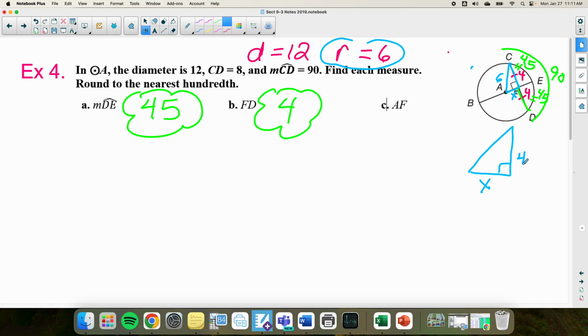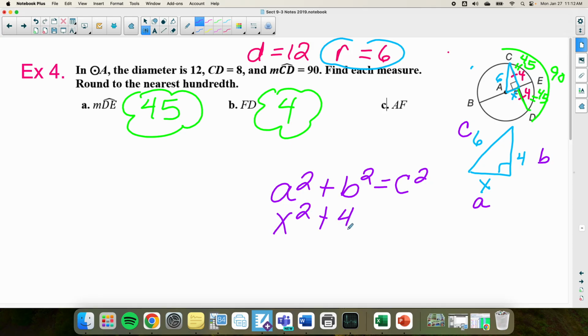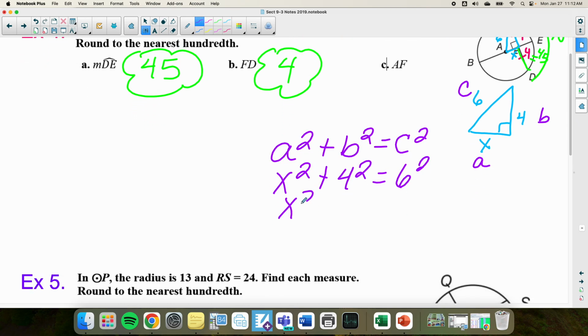This is X, this is 4, this is 6, and I have to do Pythagorean theorem there because 4 and 6 is not going to form a right triangle, okay? So if I do A squared plus B squared equals C squared, this is my C. A and B don't matter. I'm going to call this A and this B. So I'm going to go X squared plus 4 squared equals 6 squared. So this would be X squared plus 16 equals 36. Subtract 16.